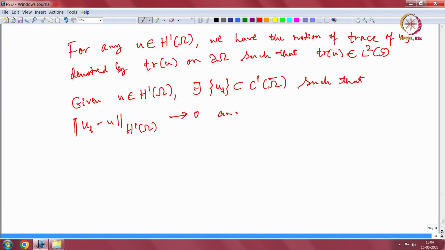Also, this is important, UL being C1 functions, their values on the boundary are well defined, so there is no problem there. We also have that the L2(S) norm of the difference tends to 0 as L tends to infinity.